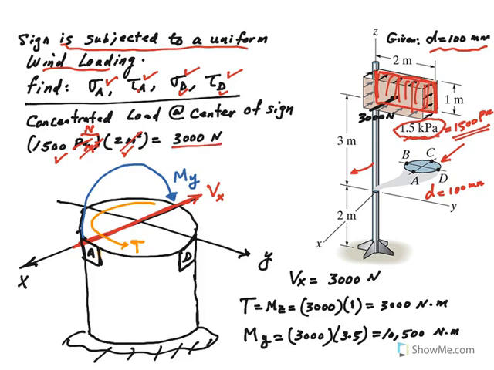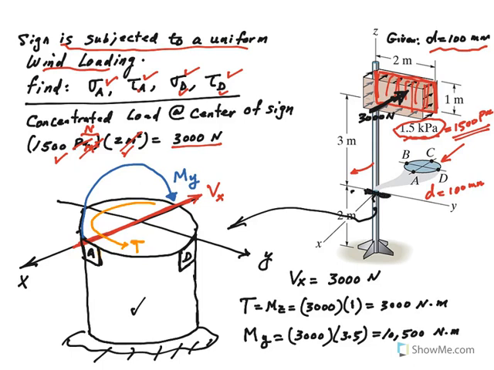So now if you put this 3000 Newton right in the center, and then what I did down here is actually I have really enlarged this section for you, basically this section shown here, not to scale obviously. Remember, this is the section of interest.